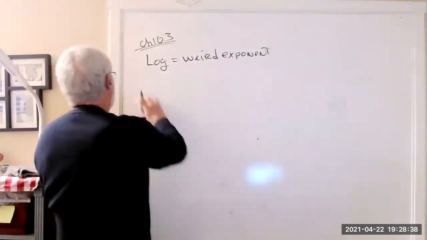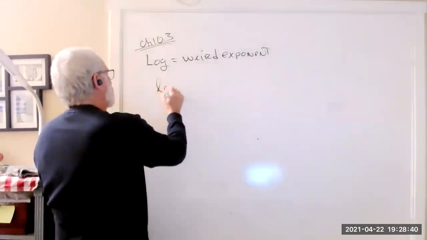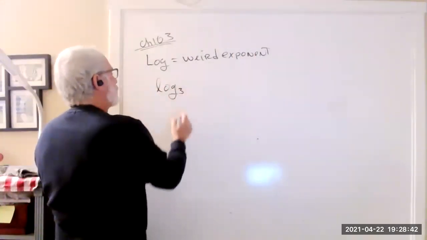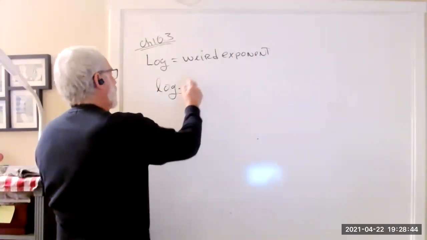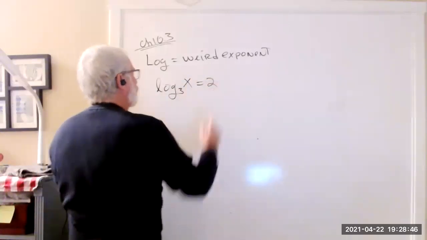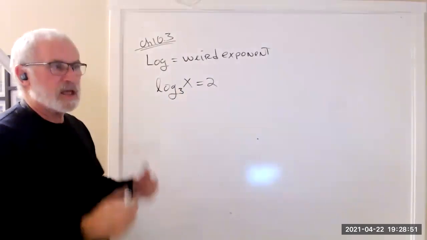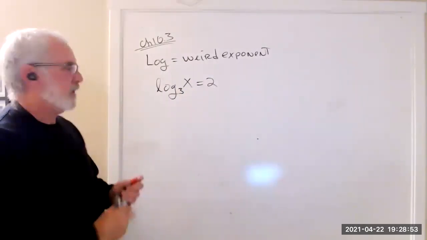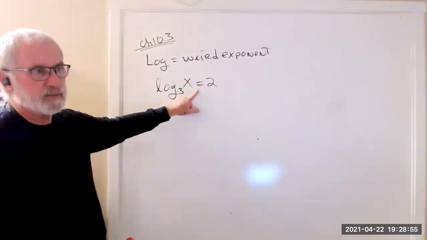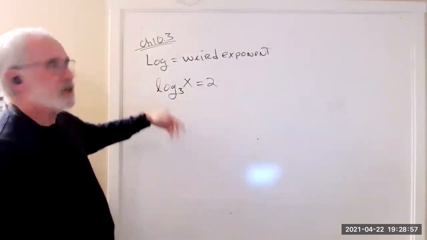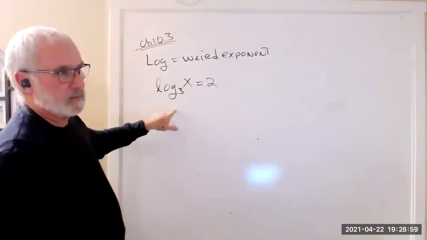When you write log base 3 of x equals 2, this is called a logarithmic equation. It's an equation because it's got an equal sign, and it's logarithmic because it's got the word log in it.